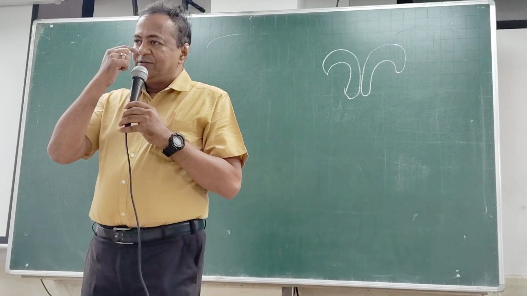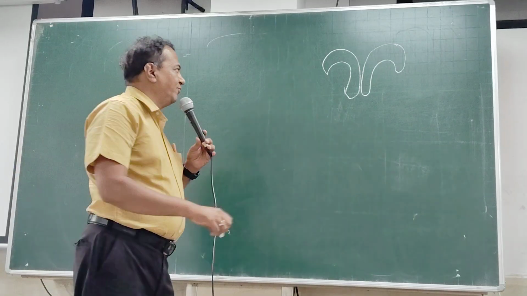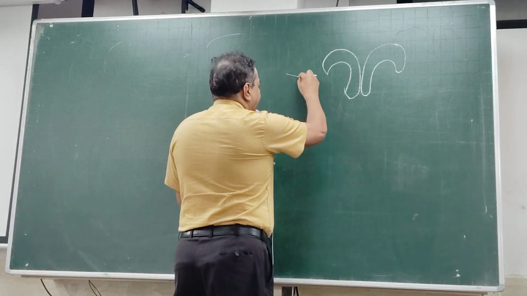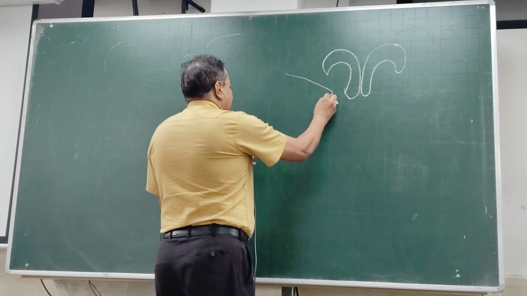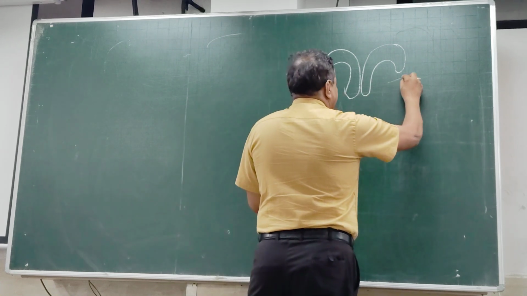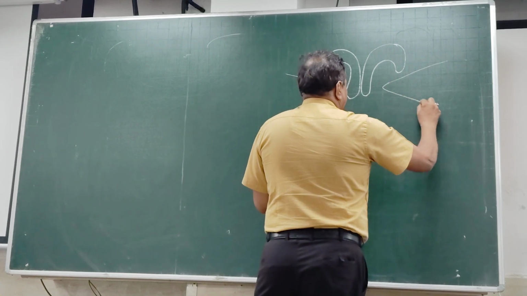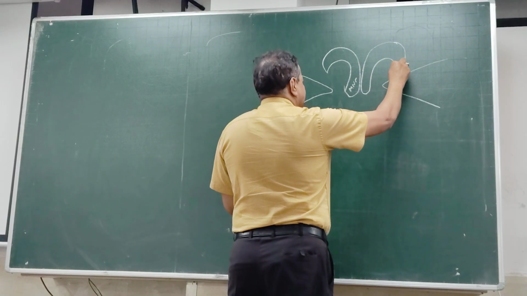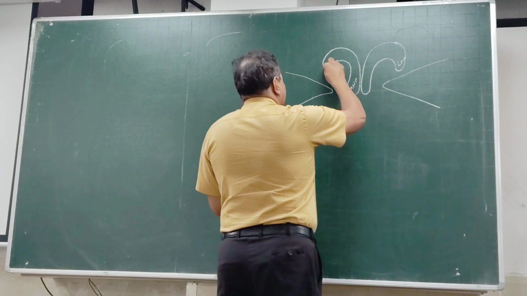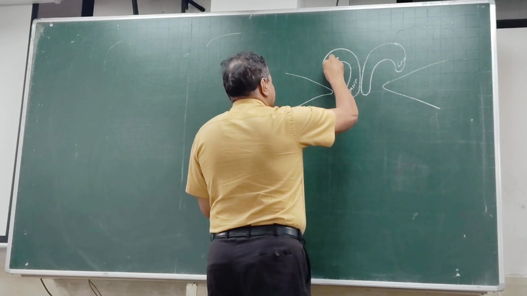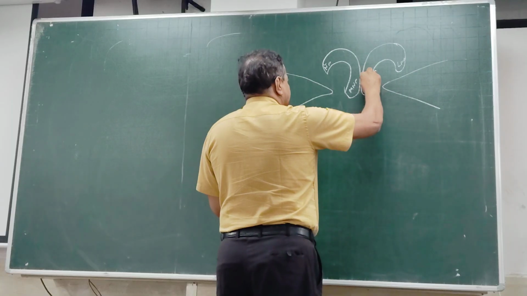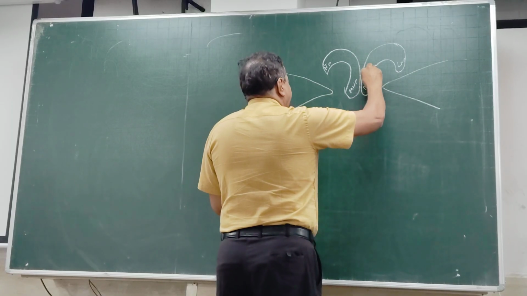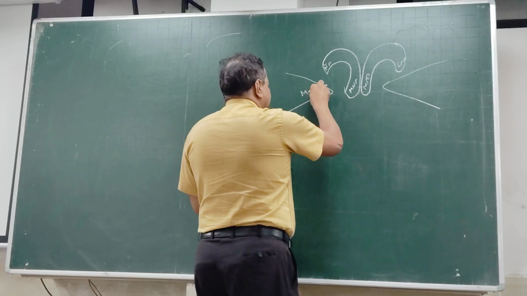Okay, so medial nasal fold and lateral nasal fold, and from here comes the maxillary process. So this is medial nasal process, this is lateral nasal process, this is medial nasal process, and this is maxillary process.